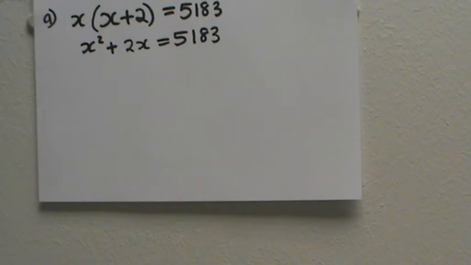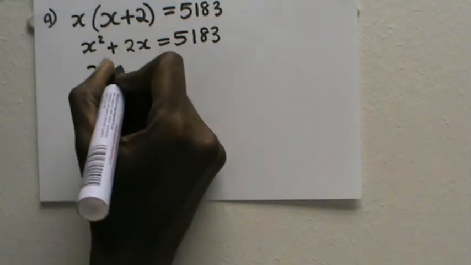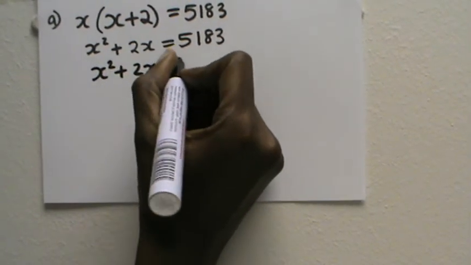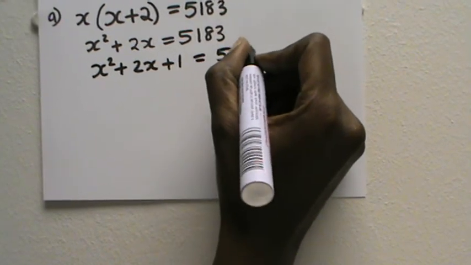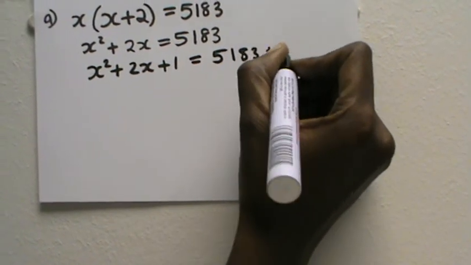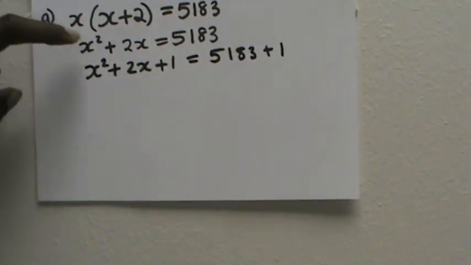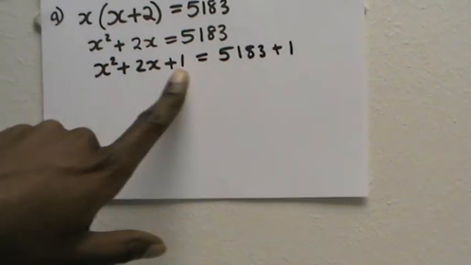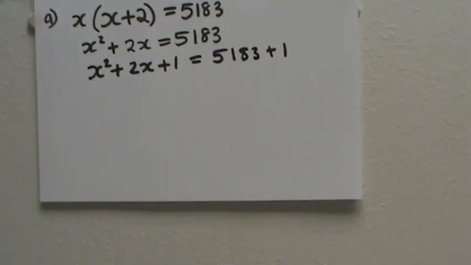So I will add 1 on both sides, because what I do on one side, I should do on the other side. Okay, so the difference between this step and that one is this plus 1, and because I've added 1 on both sides, I have not changed anything.